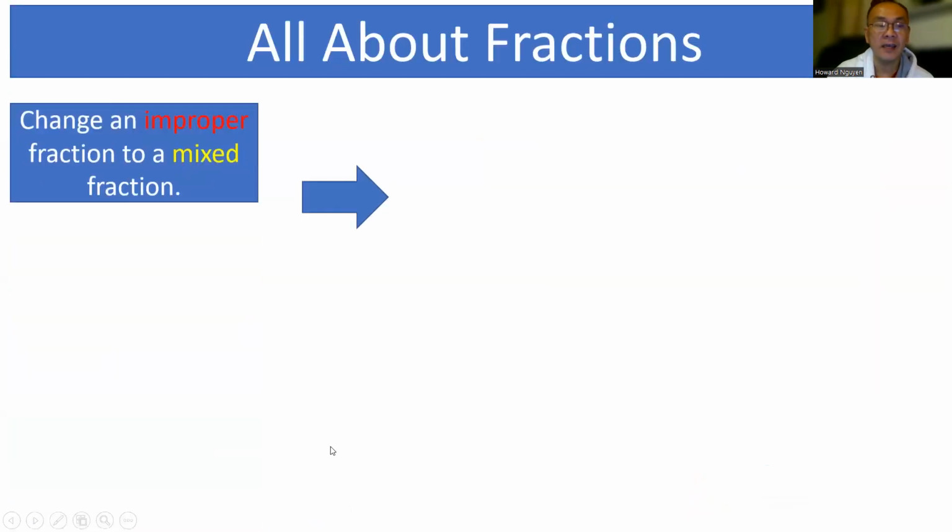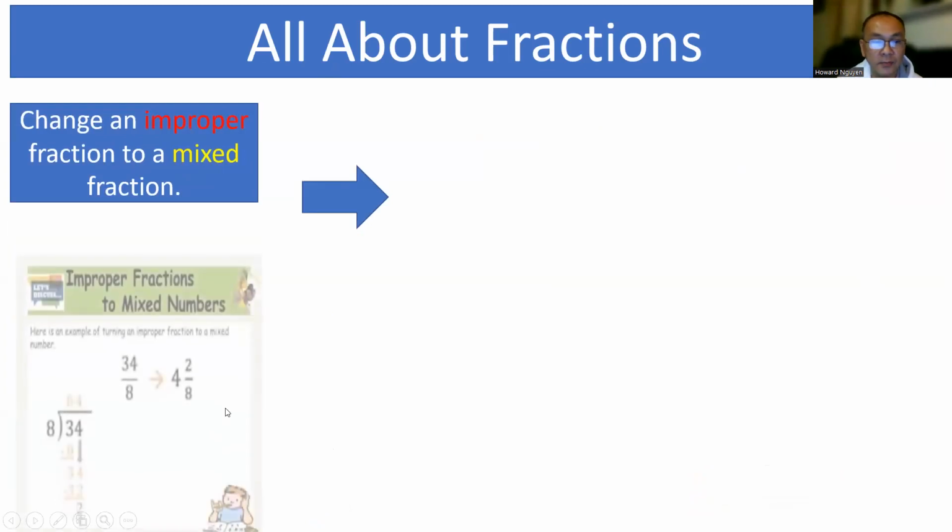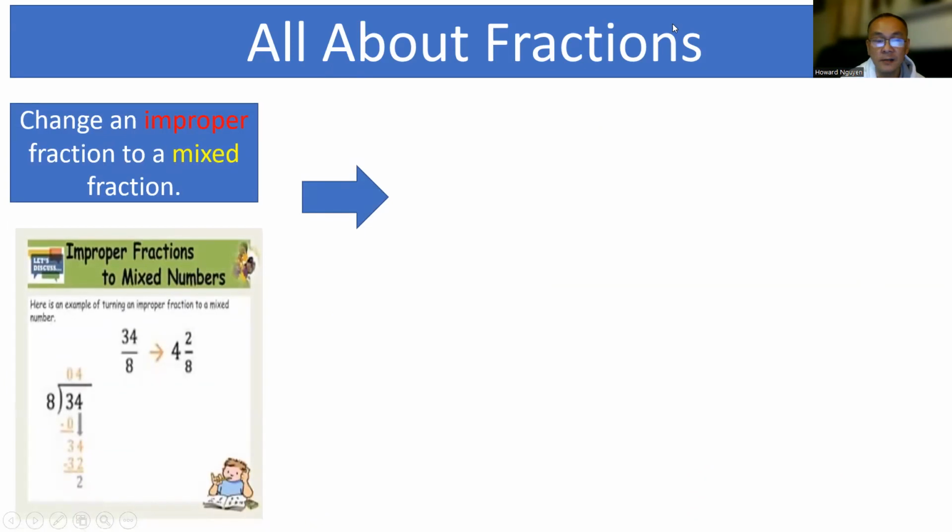Now let's say you have an improper fraction. How do you change it to a mixed number? So as you can see here, you have an improper fraction. To change this to a mixed number, you have to divide. You have to take 34 divided by 8. What times 8 gets 34?